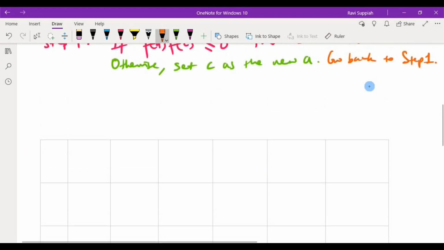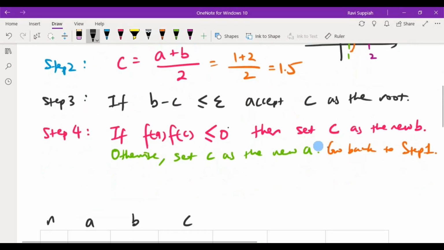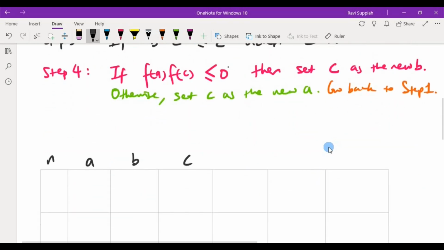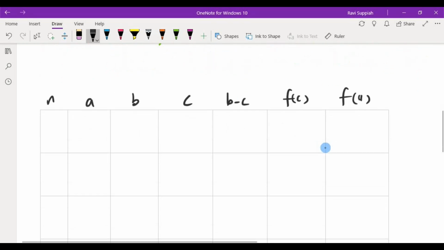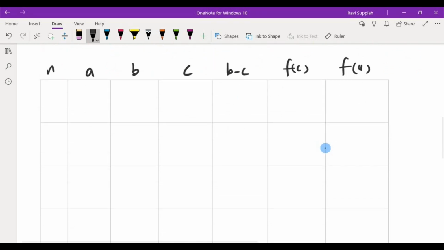The first column is n, which is the iteration, followed by a, b, c, which is what we just saw, a plus b divided by 2, and then b minus c, f of c, and f of a. Let me go through with you step by step, and then you can see how we will arrive at the final answer.